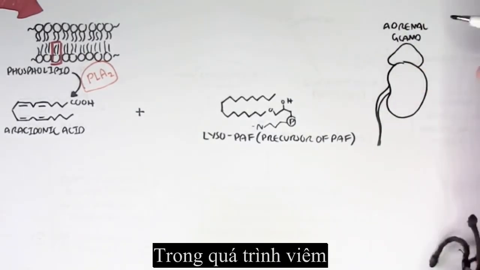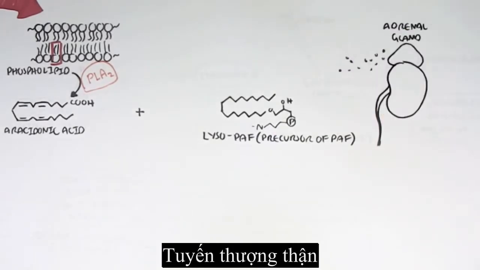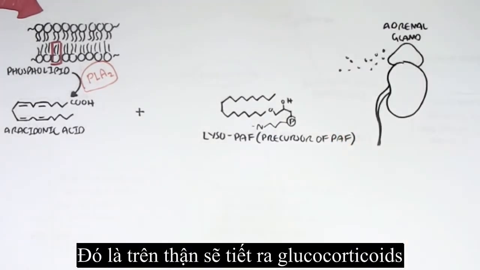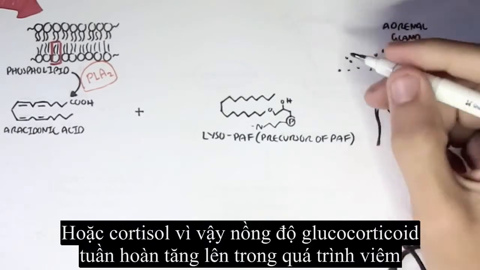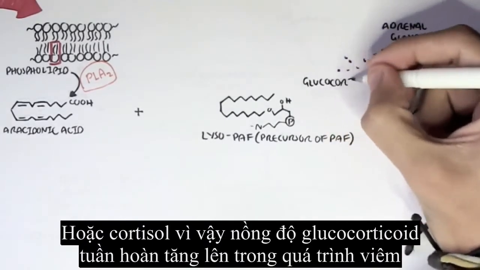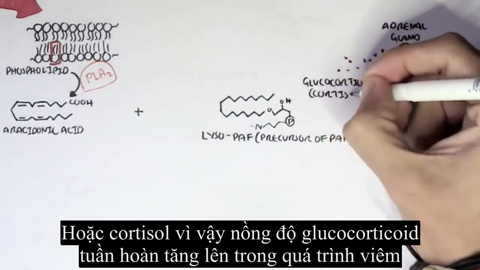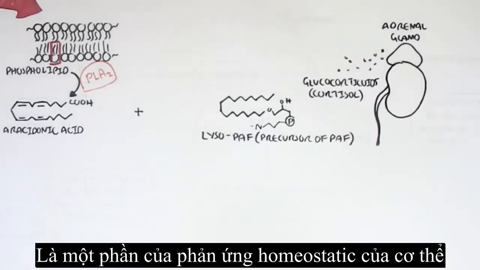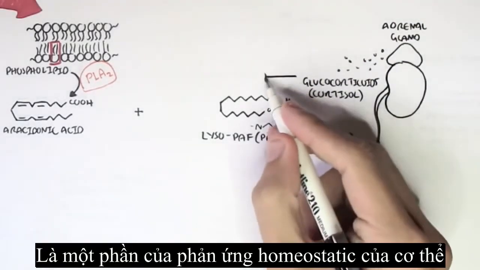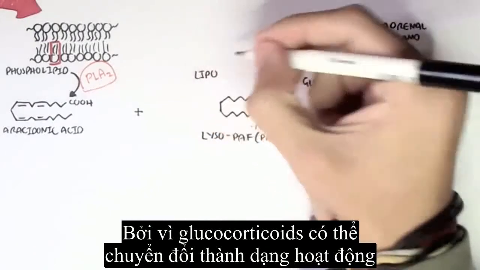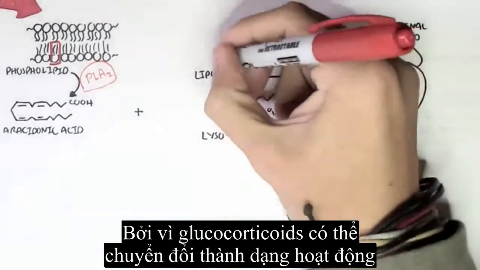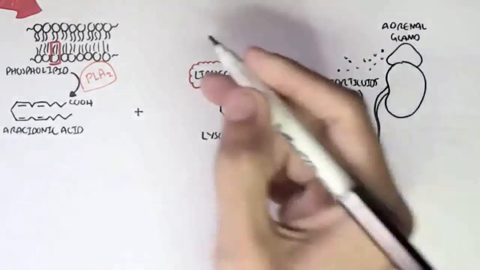During inflammation, the adrenal glands, which are above the kidneys, will secrete glucocorticoids or cortisol. So circulating glucocorticoid concentrations increase during inflammation as part of the body's homeostatic response, because glucocorticoids can induce the active form, lipocortin.